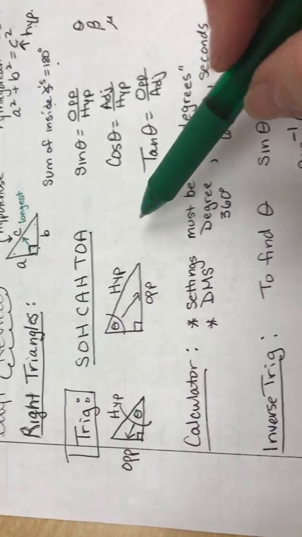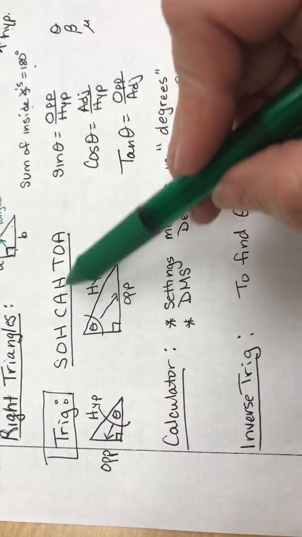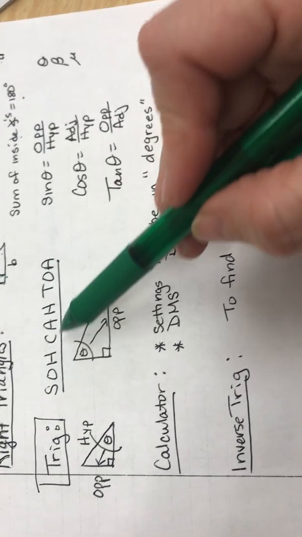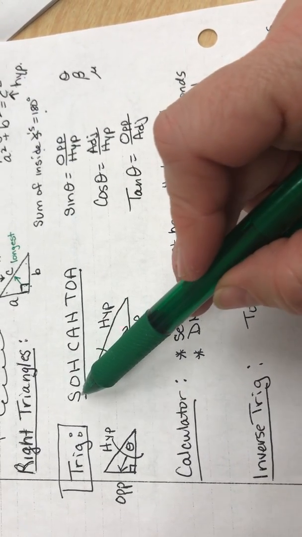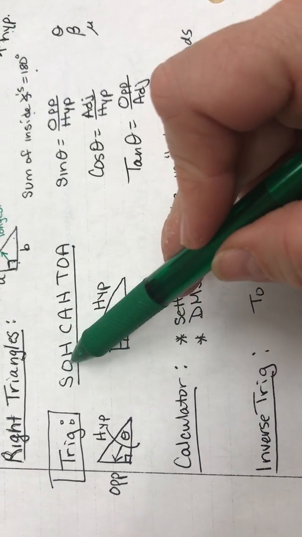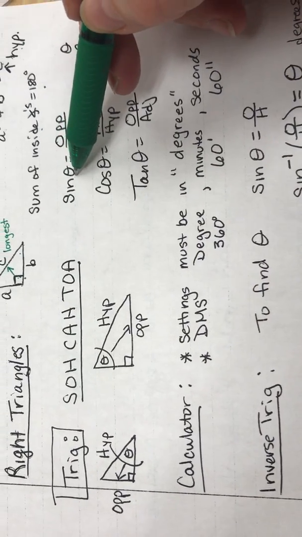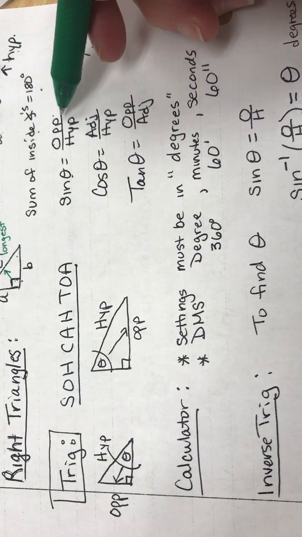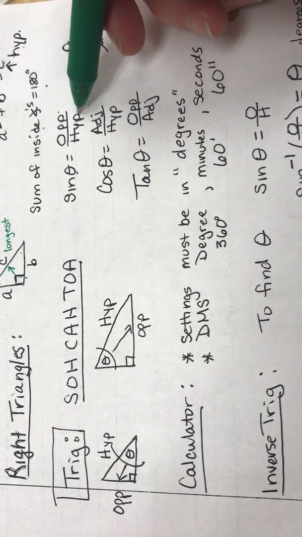So in geometry, you also learned about SOHCAHTOA. SOHCAHTOA is the abbreviation for sine, cosine, and tangent. So SOH is sine theta would equal opposite over hypotenuse, okay?